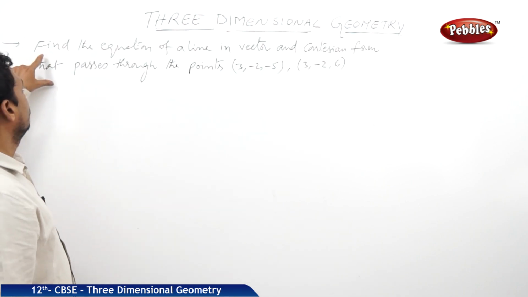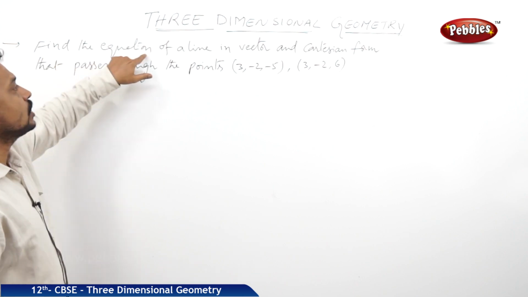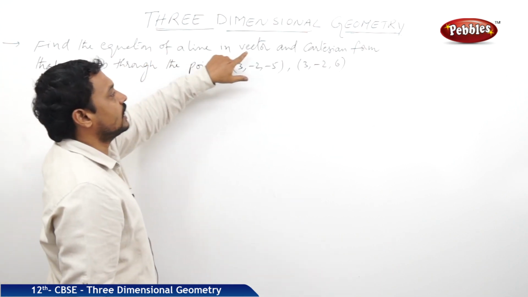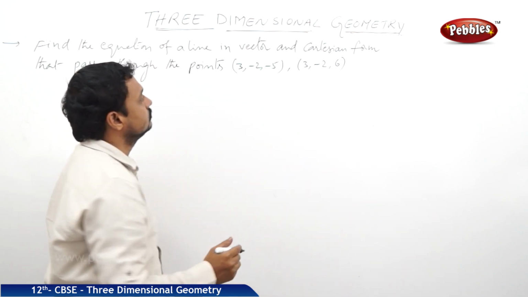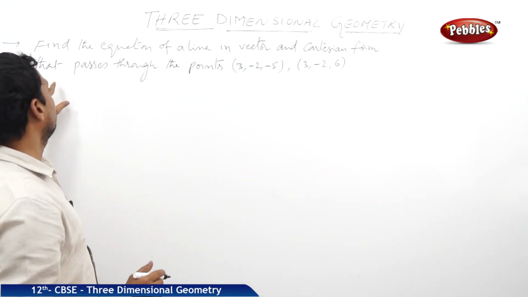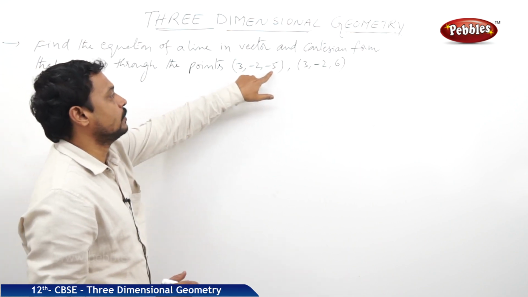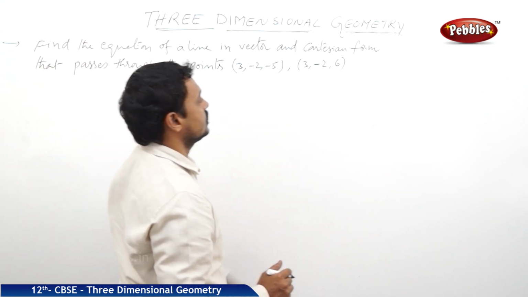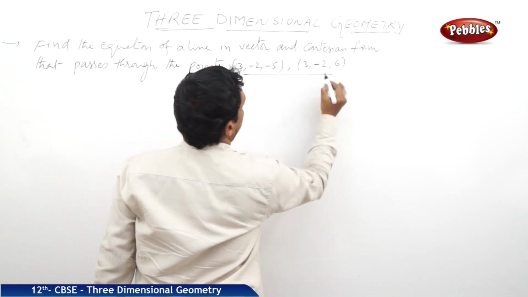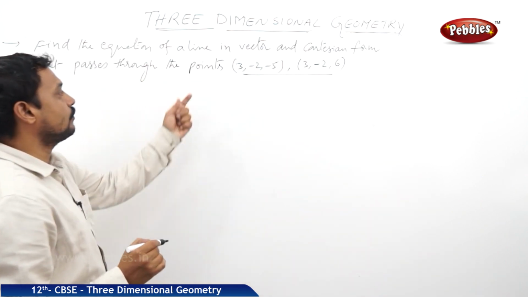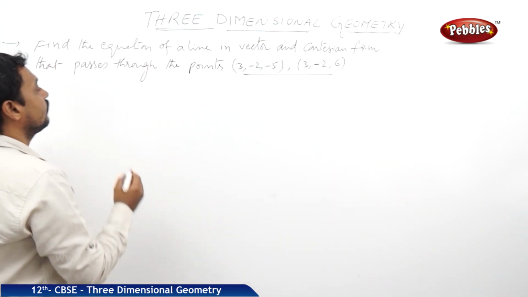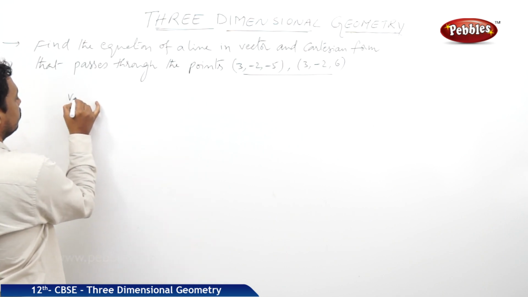Now, find the equation of a line in vector and Cartesian form that passes through the points 3, -2, -5 and 3, -2, 6. So, 2 points are given. What is the vector equation of a line that passes through two given points A bar and B bar?